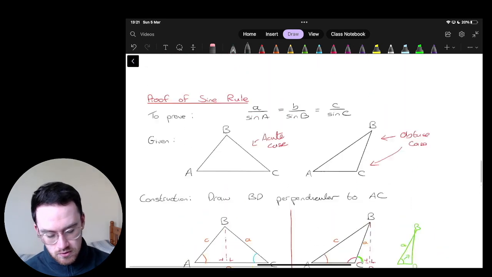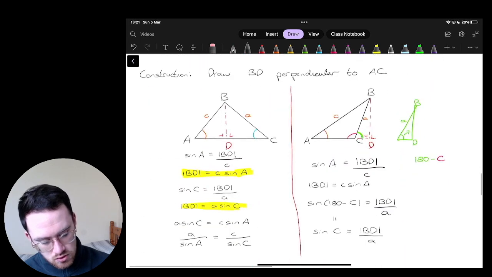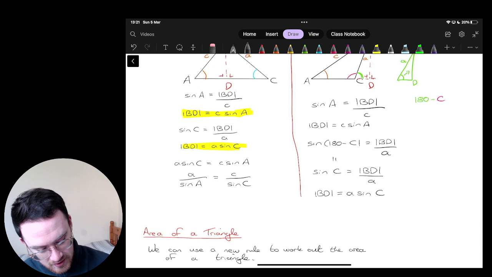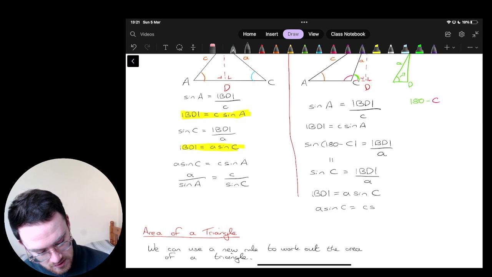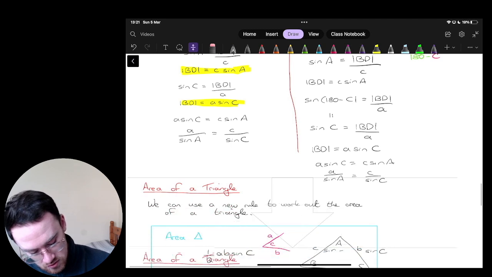If we look at the previous one, because we had it drawn out nicely, my two angles there, the red and blue, sine of each of those gives me the same answer. So following along, we can rearrange. I can get BD is equal to A sine C. And then I can again equate those two. So A sine C equals C sine A, and rearrange to get A over sine A equals C over sine C.